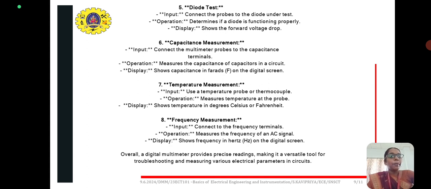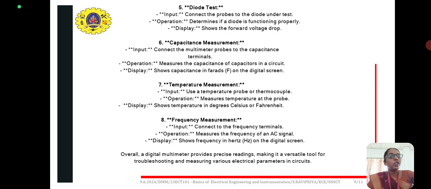It measures the temperature at the probe and displays it in degrees Celsius or Fahrenheit. For frequency measurement, we connect the input terminals of the multimeter to the frequency terminals and measure the frequency of the AC signal, displaying the frequency in hertz on the digital screen.